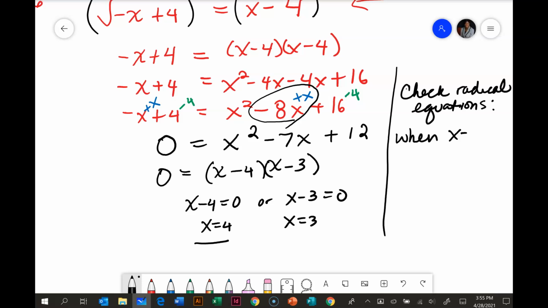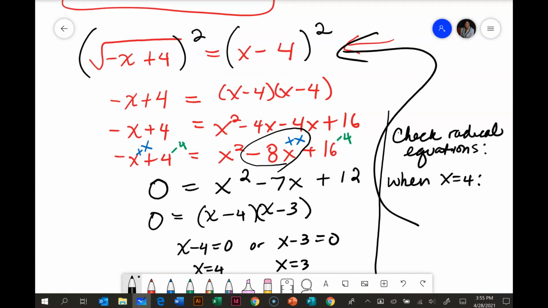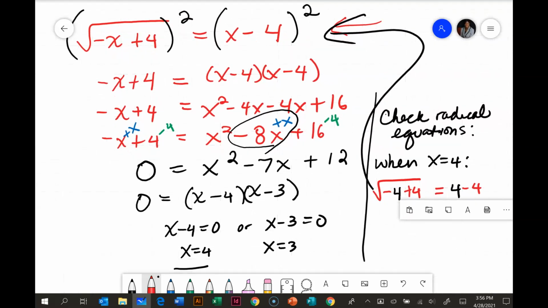I'm using the original equation as a guide, plugging in 4: the square root of negative 4 plus 4 equals 4 minus 4. So I substituted all of the x's with a 4.